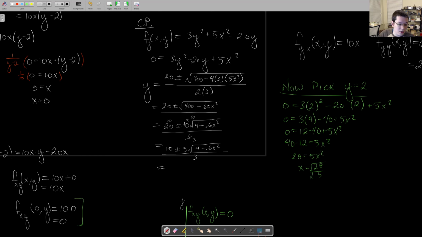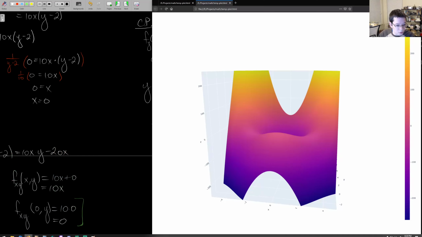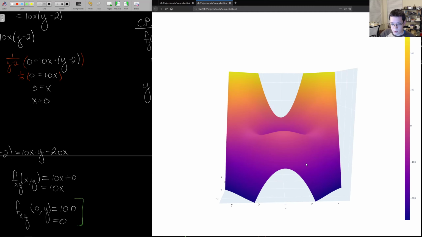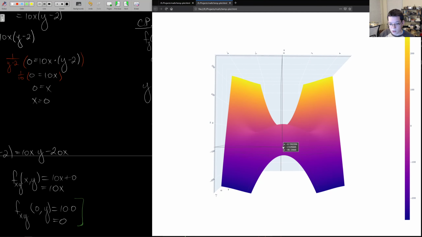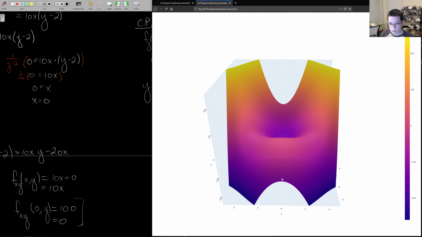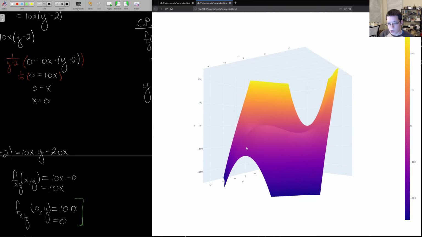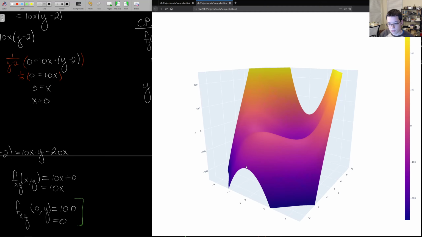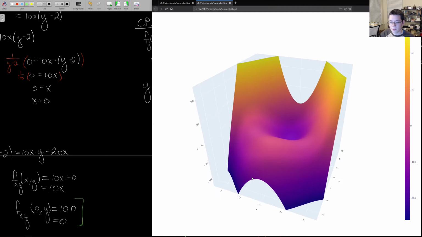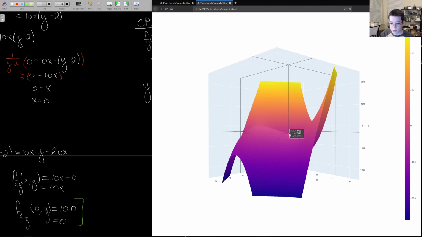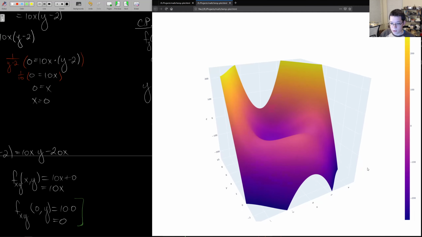Because if we look back at our graph, nothing interesting happens when x isn't equal to 0. Oh, wait. Oh, yes, it does. I found the saddle point. You see it? Because we have a minimum in this direction and a maximum in this direction.